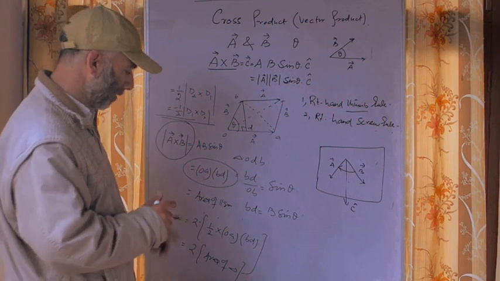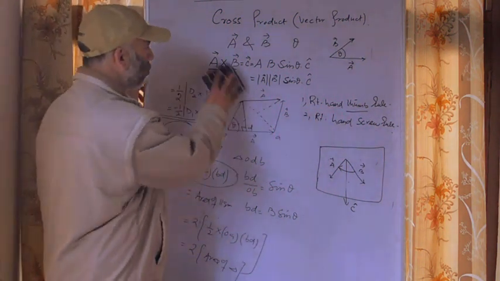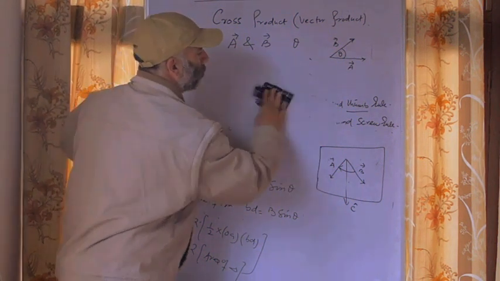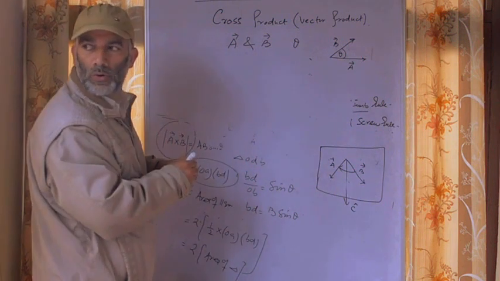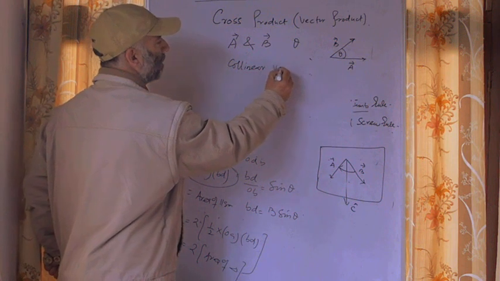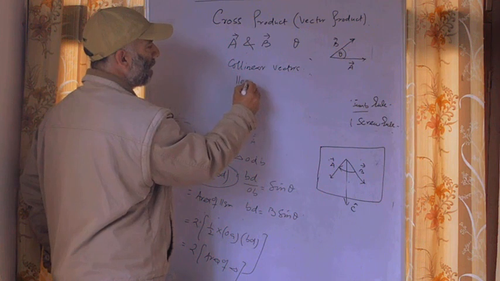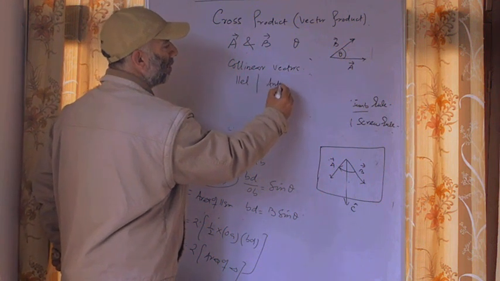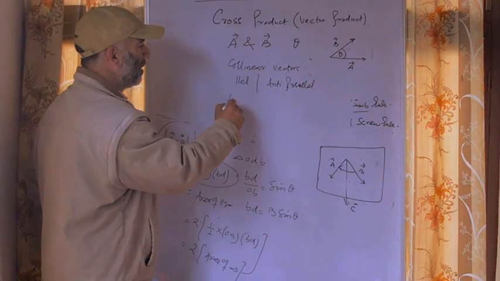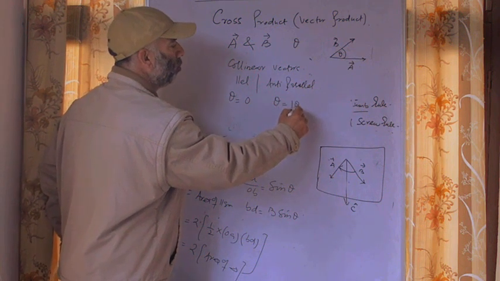Okay. So the related question to this cross product of the vectors is, let's talk about some of the special cases. One special case in case of the cross product of the two vectors is collinear vectors. In collinear vectors, we'll be talking about parallel or anti-parallel. In case of parallel vectors, theta will be equal to 0. In case of anti-parallel, theta will be equal to 180.